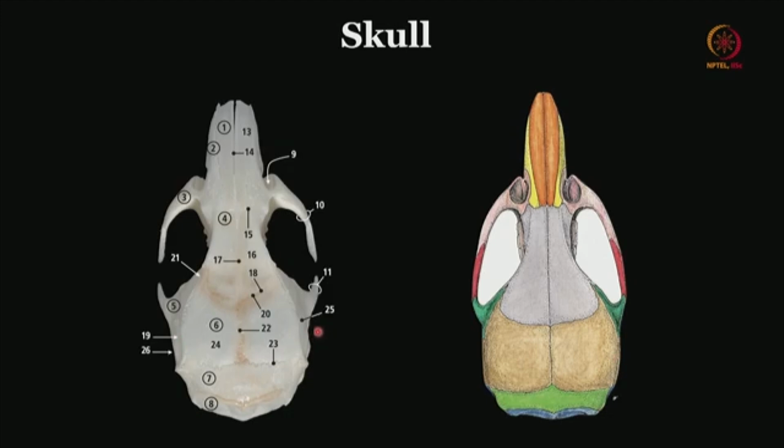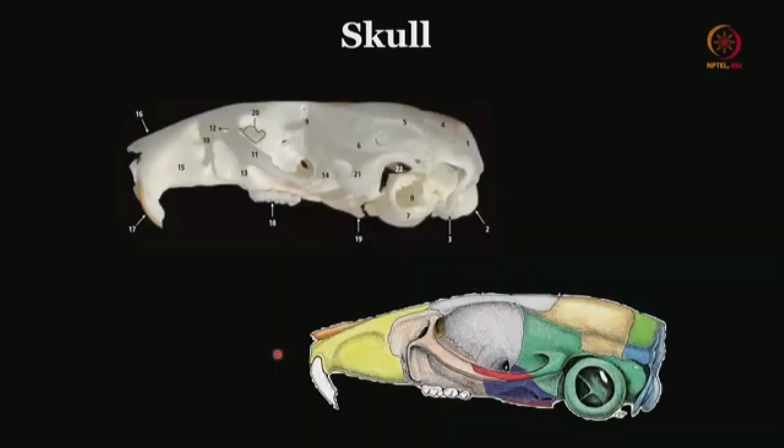When we discuss it, we will look into the incisor line and the interoral line, and those again are very important in relation to maintaining the skull in a stereotactic position. So, that is the auditory canal to which the horizontal bar of the stereotactic apparatus goes in, and it is very vital that it goes into this bone, so that you will get a rigid fixation when we fix the head of the rodent for surgery.